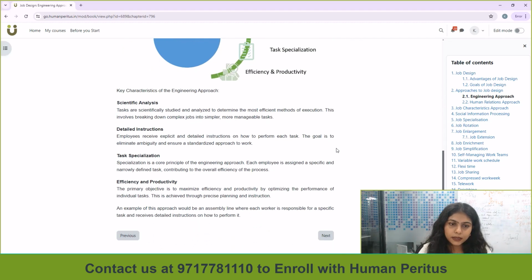The key characteristics were, first, scientific analysis. As explained, a job used to be scientifically studied in this approach, and then the most efficient way it could be executed was figured out, and that was implemented. Now, detailed instruction: there was no freedom to the employee on how to go about that job.